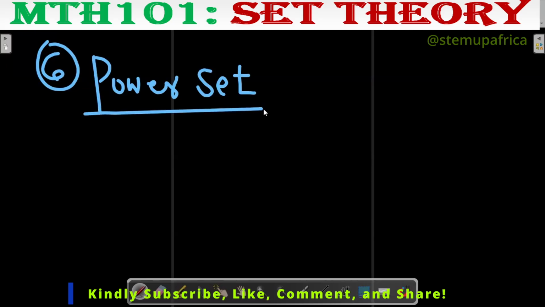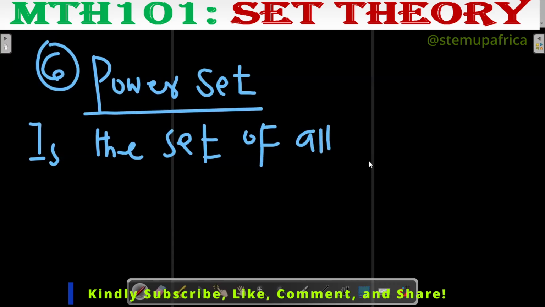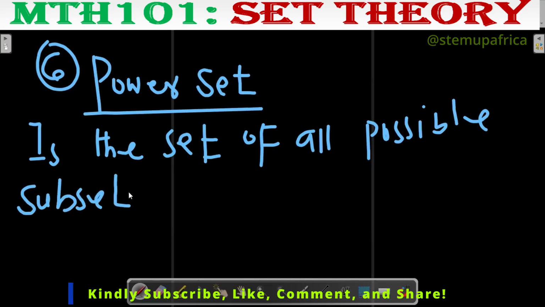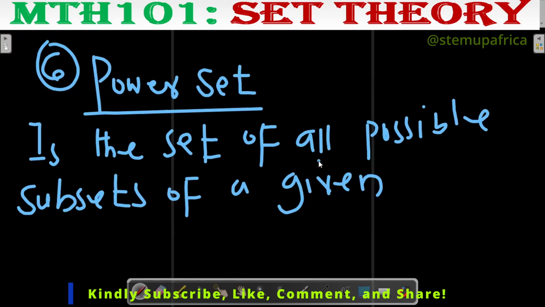The power set is the set of all possible subsets of a given set. It is the set of all possible subsets of a given set.